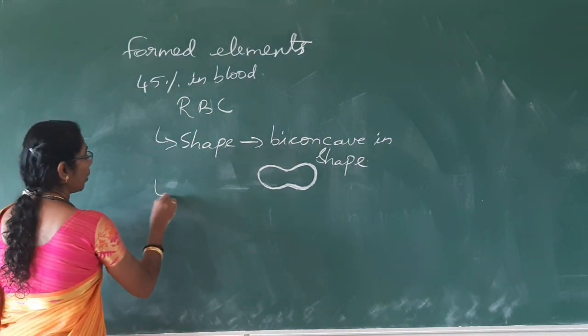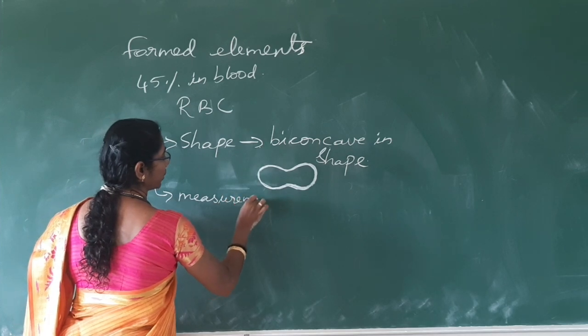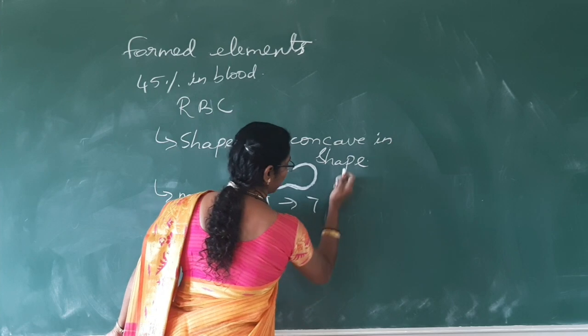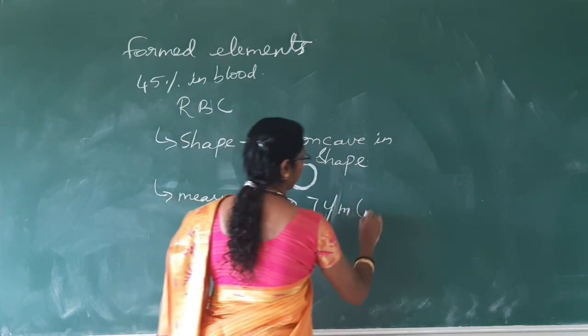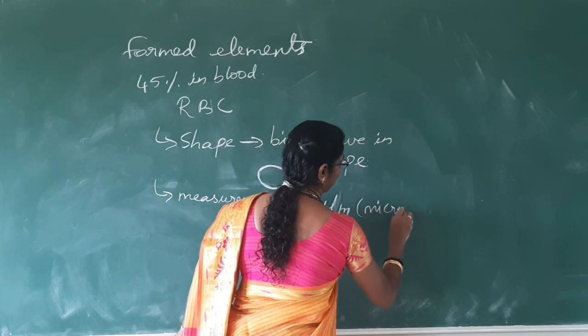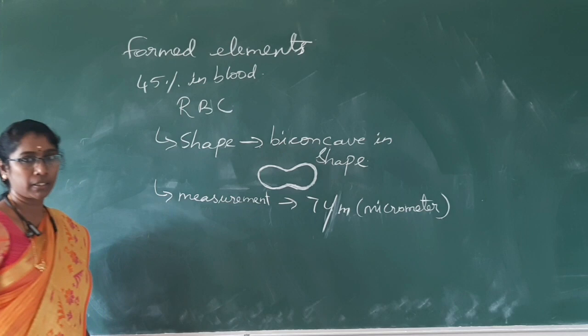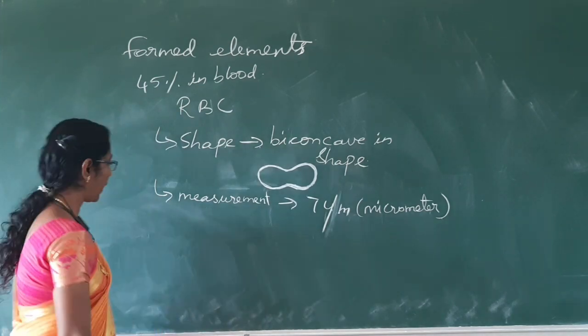So what is the measurement? The measurement of RBC is 7 micrometer.